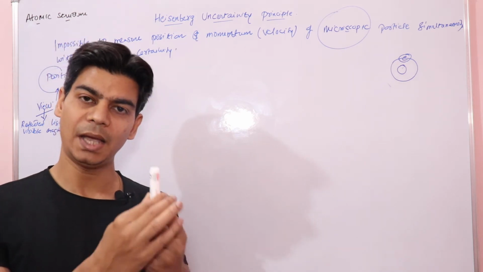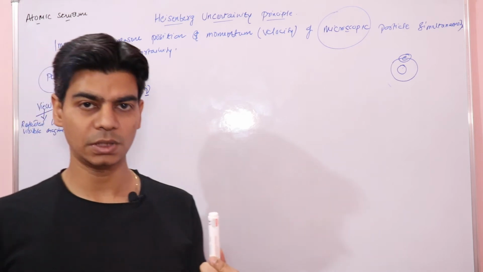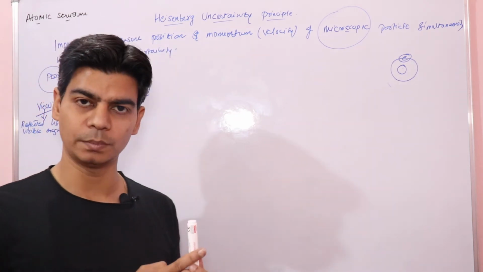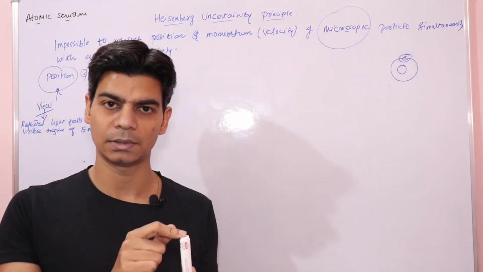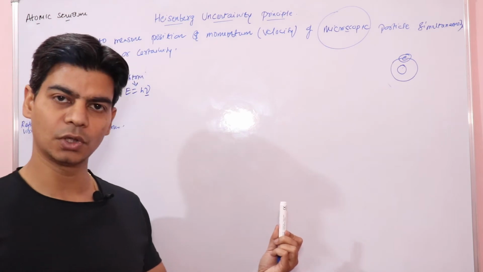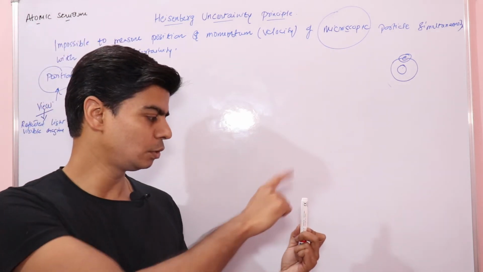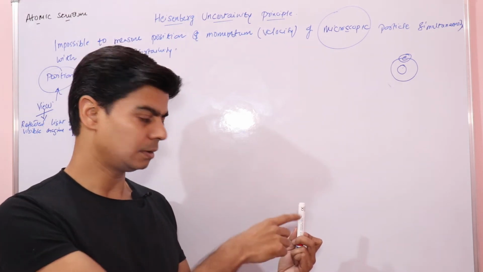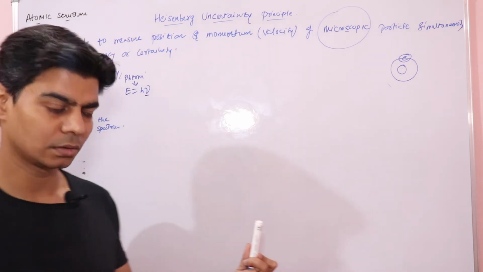So you can accurately, at any point of time, determine the position and velocity of this object, because the light photons striking this object would not be able to change its position. If this object is lying here and I want to determine the position, I'll shine visible light on it.